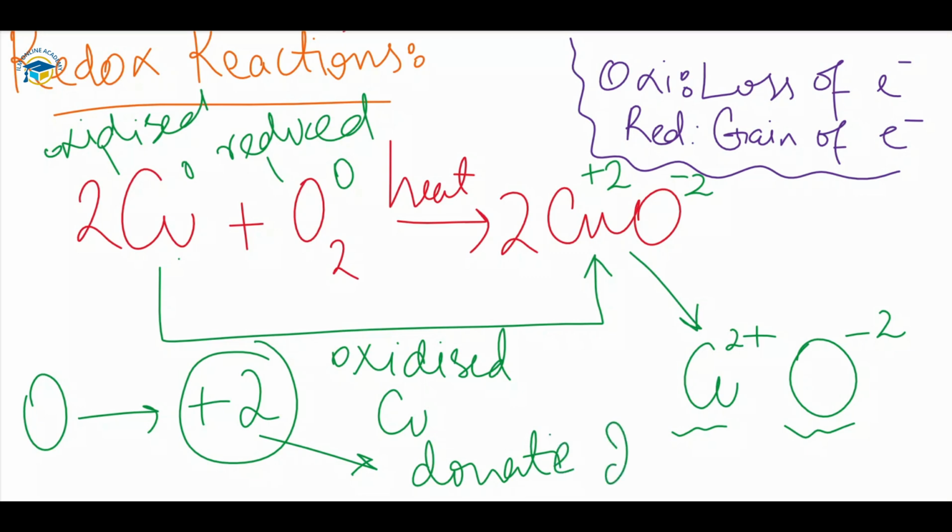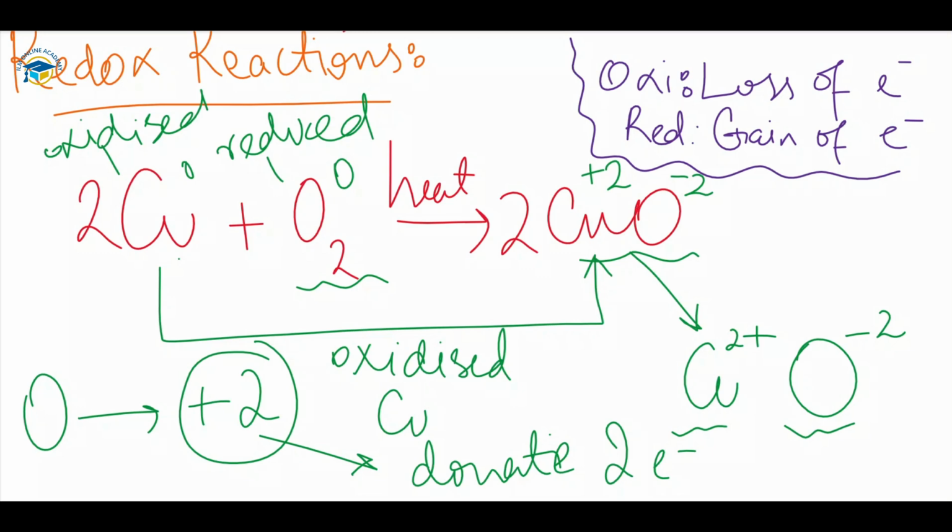Positive 2 means 2 electrons are donated from the copper and it forms copper oxide. Oxygen in O2 has 0, and in copper oxide it is -2, so that means 2 electrons are gained by the oxygen to form copper oxide. So oxidation is the loss of electrons and reduction is the gain of electrons here.